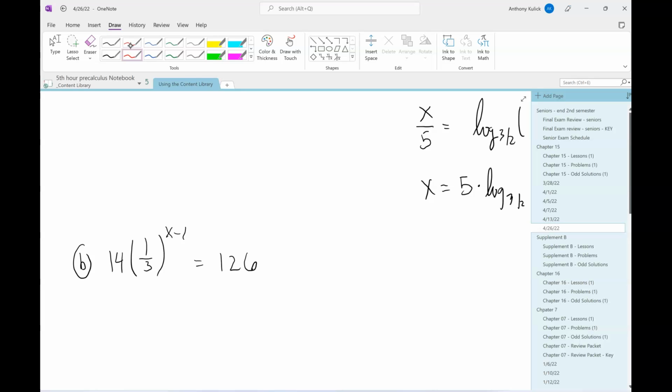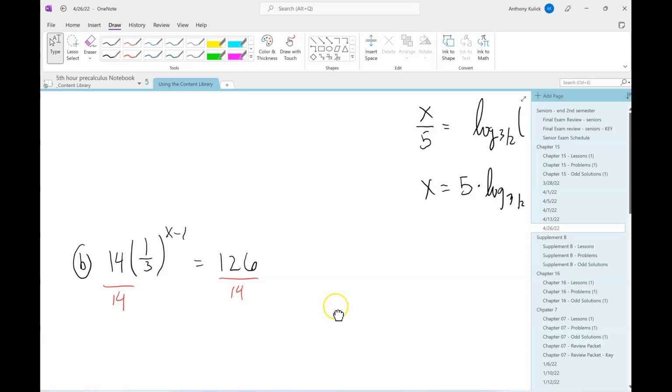So we have 14 times (1/3) to the x minus 1 equals 126. First thing we should do is, excellent, divide both sides by 14. Get that out of there.